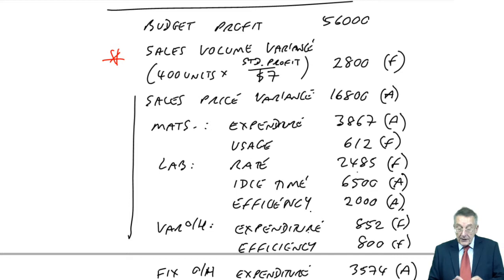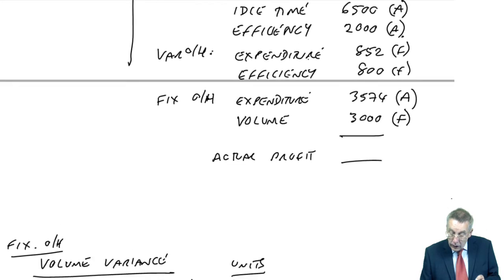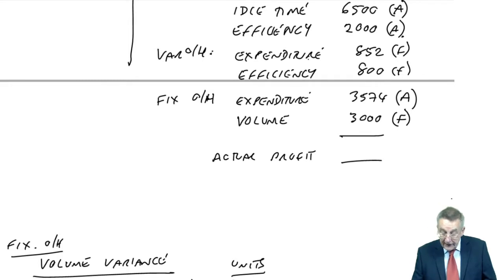Budget 56,000. 2,800 favourable, 16,800 adverse, 3,867 adverse, 612 favourable, 2,485 favourable, 6,500 adverse, 2,000 adverse, 852, 800, 3,574, 3,000. I get the wrong figure.